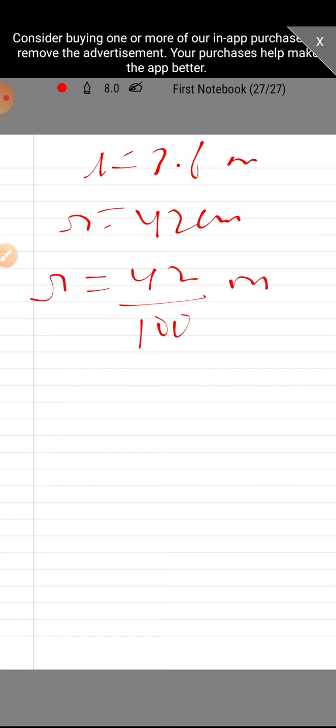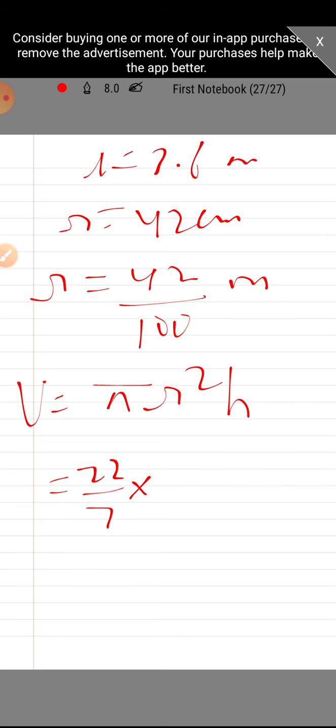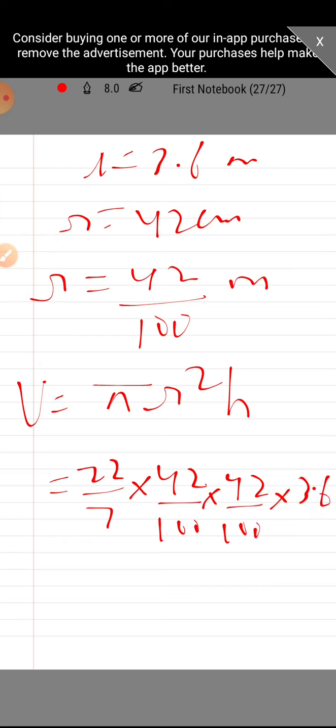Since volume of the wooden log is given by pi r square h, pi is 22 by 7 and r is given by 42 upon 100 into 42 upon 100 into h is 3.6 meters.